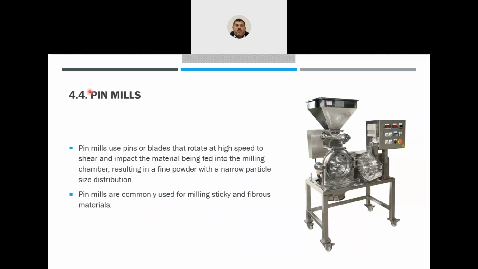They call it pin mills because they don't have blades fixed to a rotor, but they have a disc rotating and having pins like this. So there are also pins in the other part. Once you close both of them, the chamber has pins of opposite direction, and they rotate and they keep hitting or impacting the material.